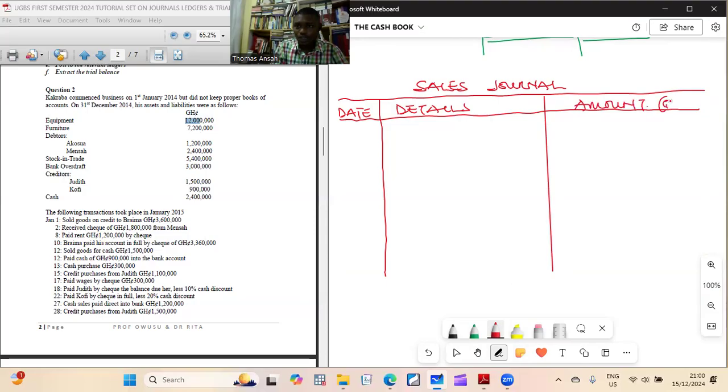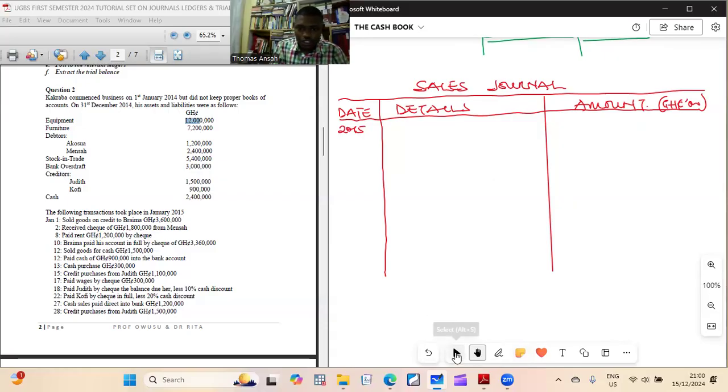So I'll put in my Ghana cedi sign. I can put it here. All right. I can as well put it here. So wherever you want to put it, okay, that's fine. Anywhere you want to put it. Okay, so we know that we are doing this thing in 2015, so I'll put my 2015 there. Is that okay?